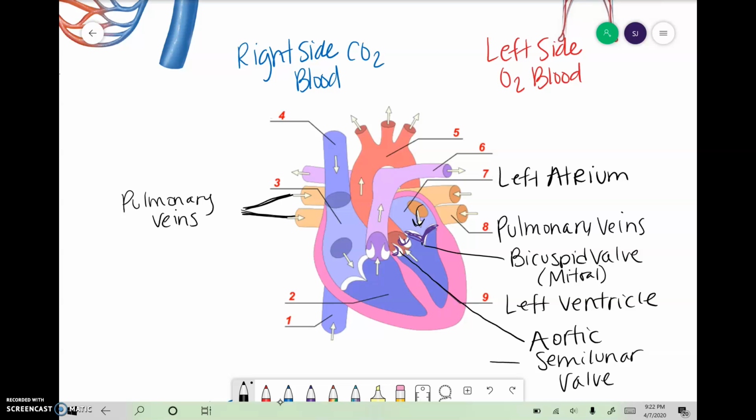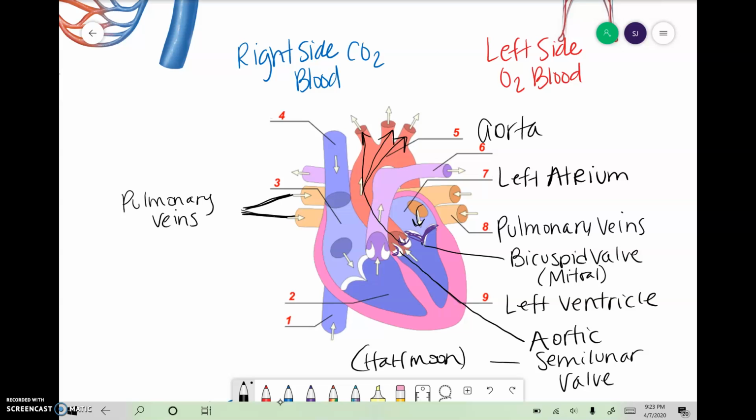Okay, and just to refresh, semilunar meaning half moon shape. Okay, so that is the semilunar valve. And then blood will pass up and out through our largest artery, which is called the aorta.